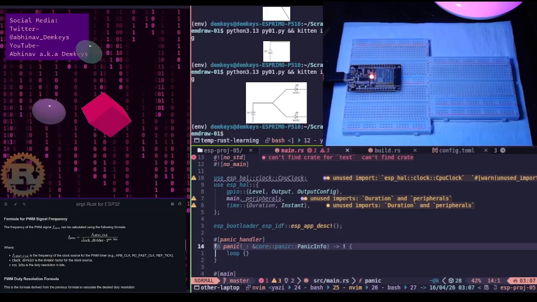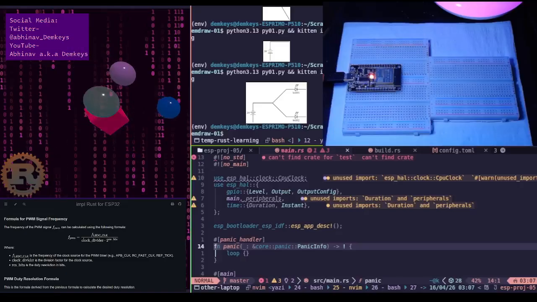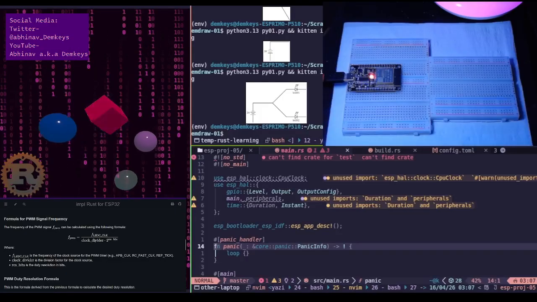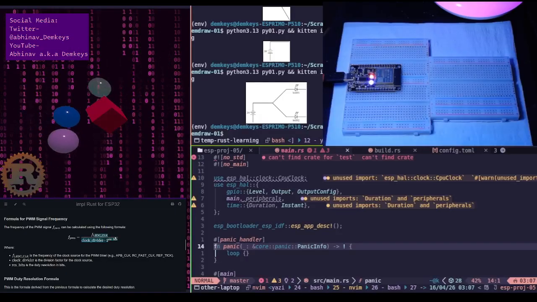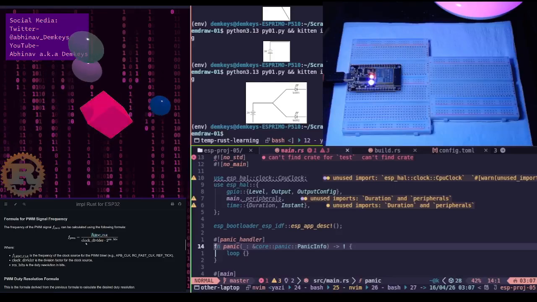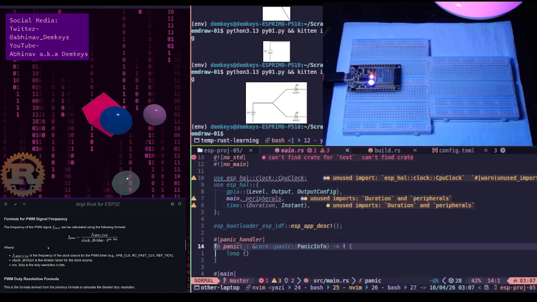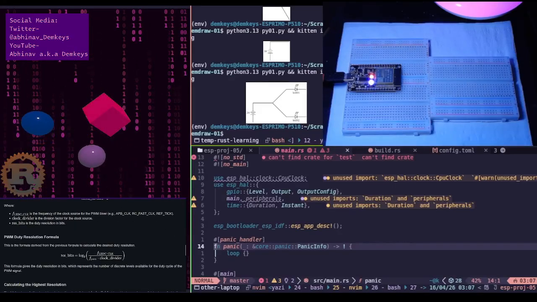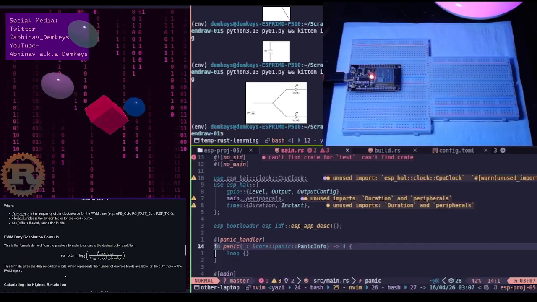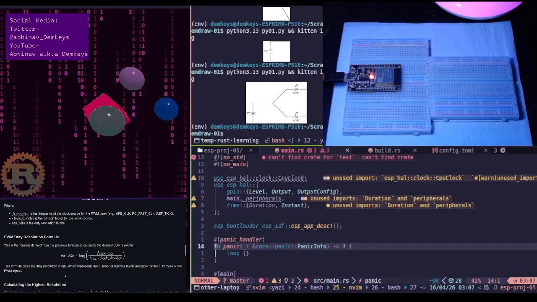Because I couldn't make sense out of what was going on here. I couldn't understand what LEDC clock was, what the clock divider was, why these different formulas were there in place, and I just couldn't understand what was going on.